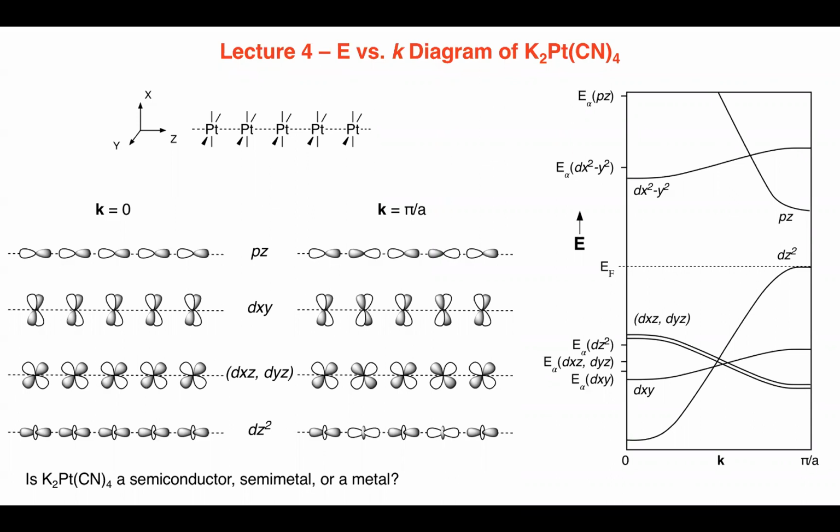Platinum tetracyanide is square planar. I pick the z direction along the chain. I'm expecting a dz squared function that makes a sigma bond along that chain. It's going to go from 0 to pi over a. It's going to go up in energy. So you have to think about the component that makes up this polymer to analyze it.